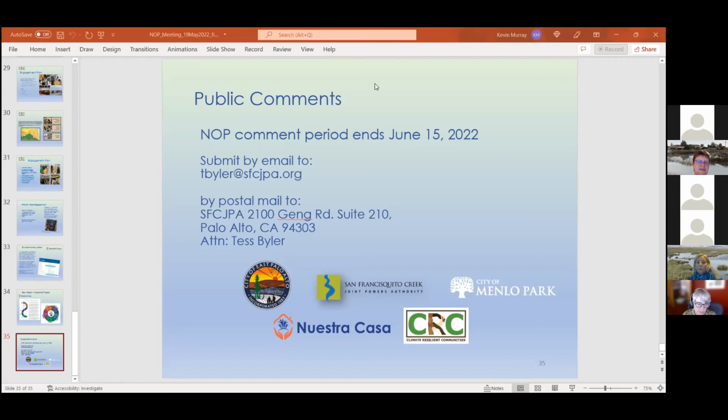But this project is not building new development in the city, new homes, new offices, or anything else. So our EIR will not address the light pollution from new buildings. It will address potential light pollution from our construction activities. For example, if there's ever a need to have security lights around a staging area. Otherwise, they're two separate issues, and maybe someone else would like to chime in and add to that.